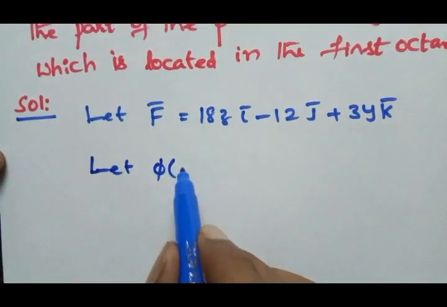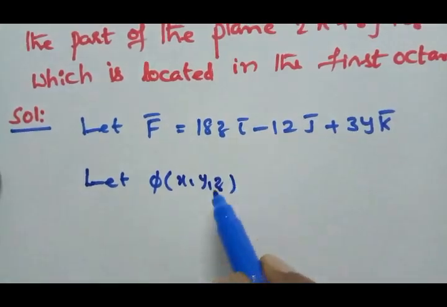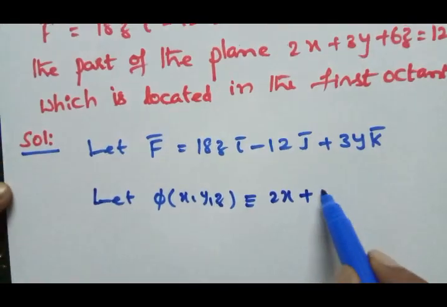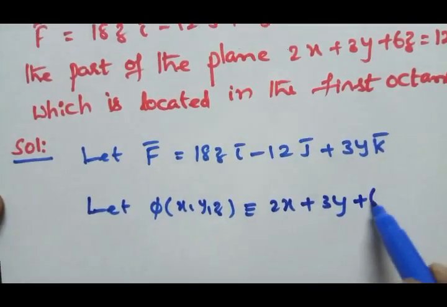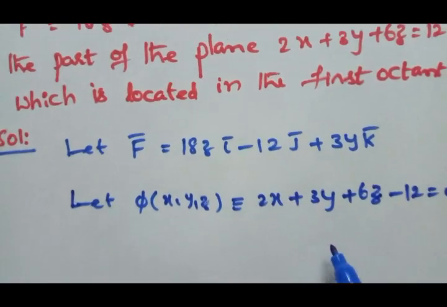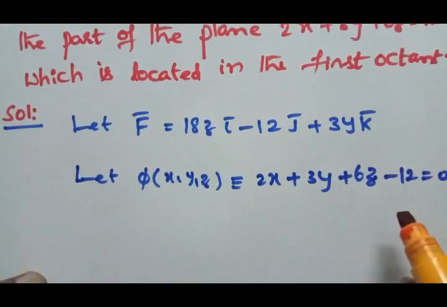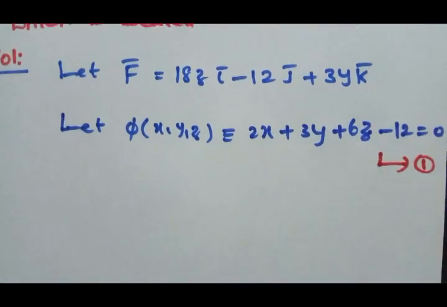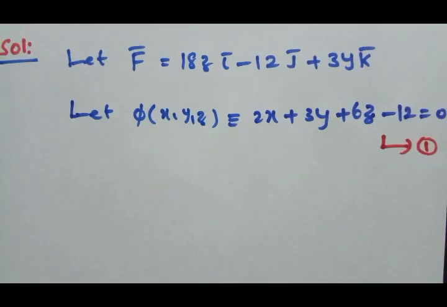Now let phi of x, y, z equal to 2x plus 3y plus 6z minus 12 equal to 0. Say this is equation number 1, be the surface.